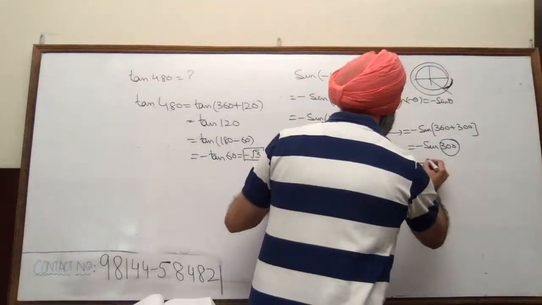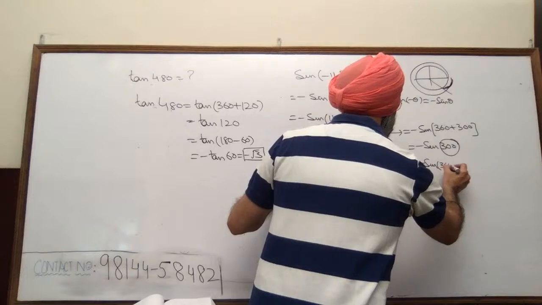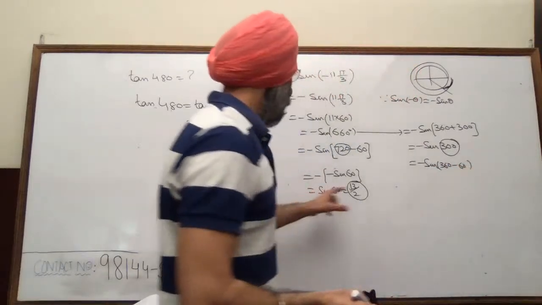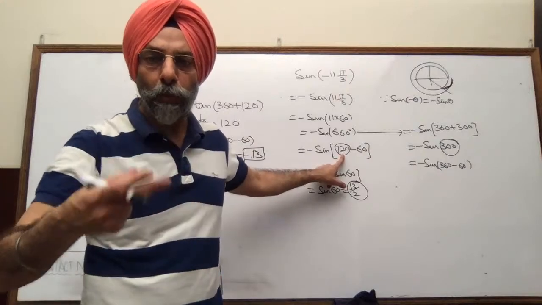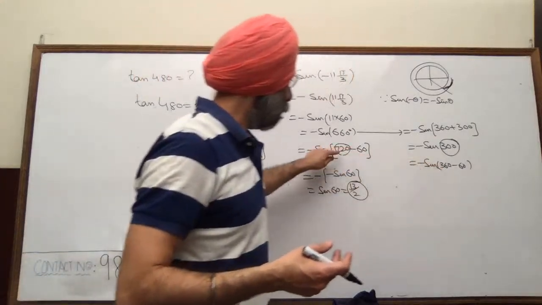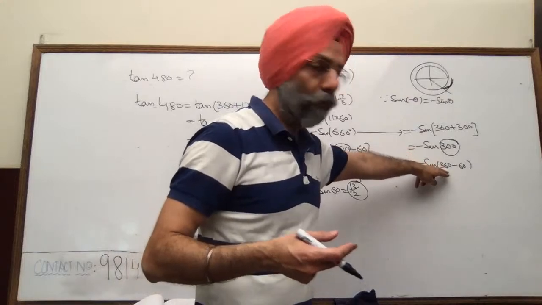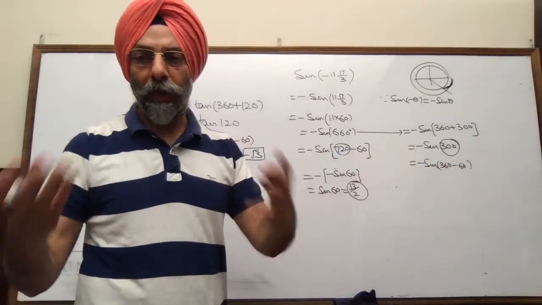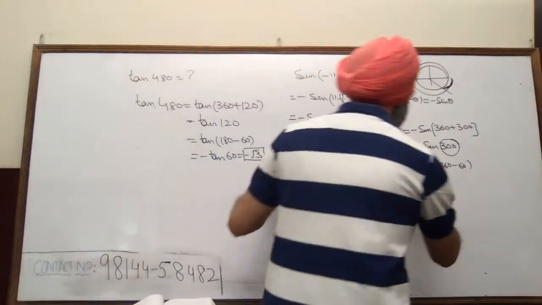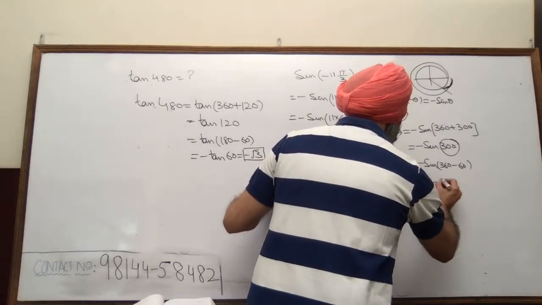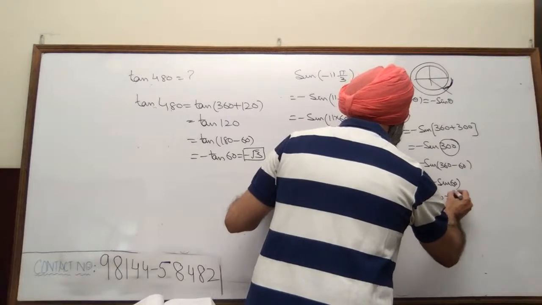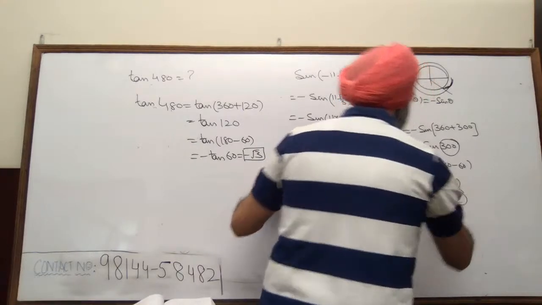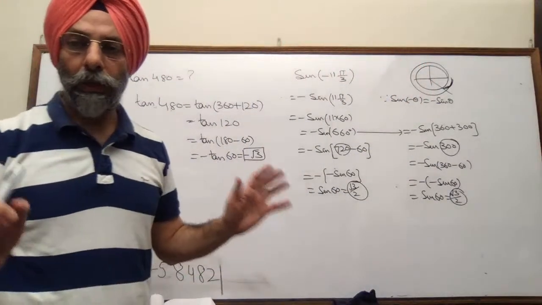Acute angle means the same thing you will get here, 360 minus 60. Here you are getting 720 minus 60. So with practice you will start to know that whether you continue with this or with multiples of 90 degrees, even then you can get the answer. So what is that? Minus of minus sine 60. You can see here it is positive sine 60, which is your root 3 by 2. So this is your answer here.